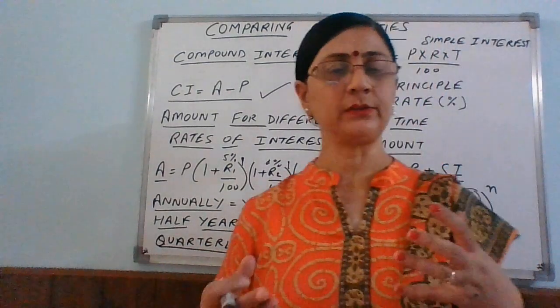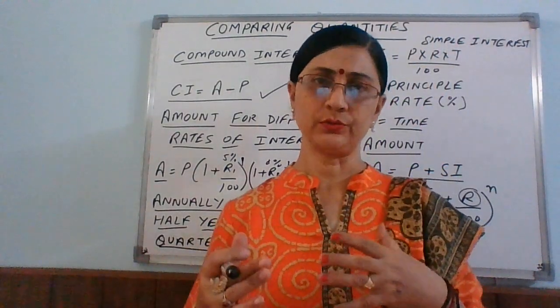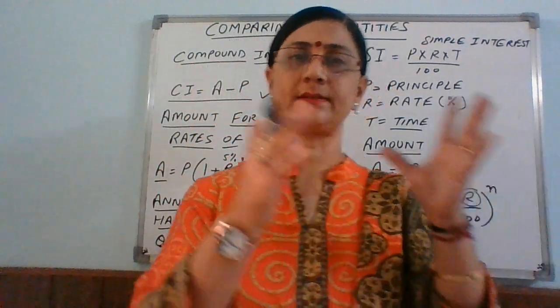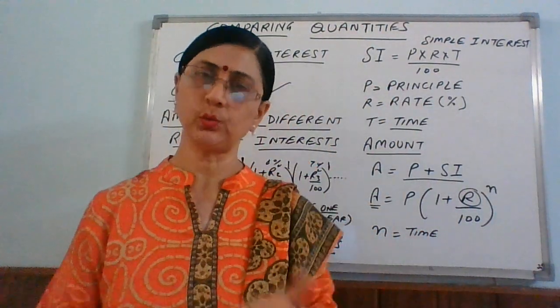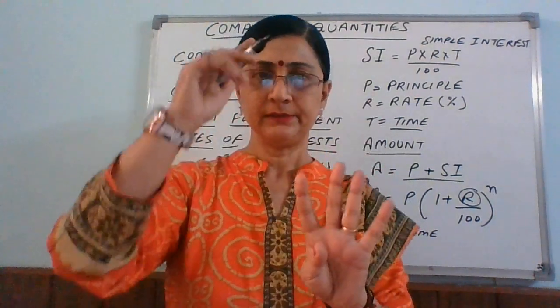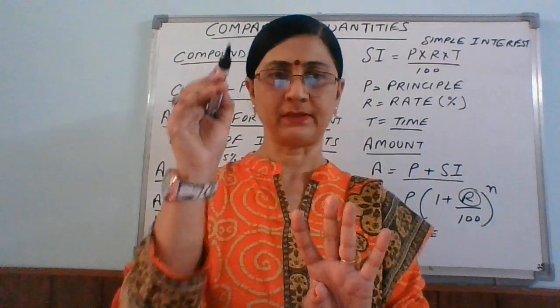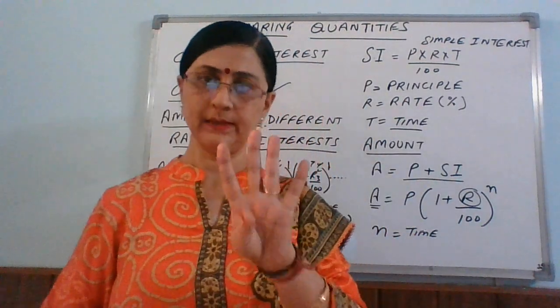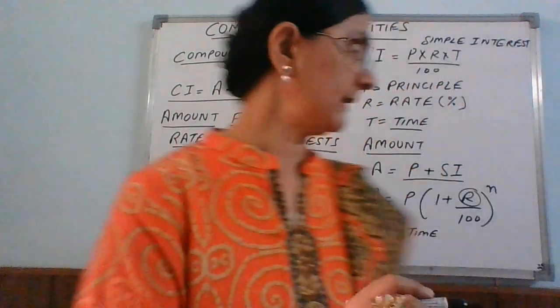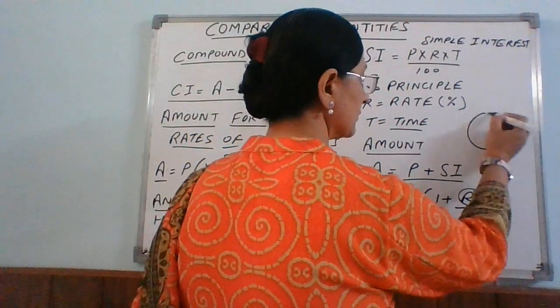The word quarterly is also used frequently. Find out the amount, this is the rate, and calculated quarterly. Quarterly means there are 4 quarters in a year: 3 months, 3 months, 3 months, 3 months, 3 fours are 12. There are 4 quarters, 4 parts, right? So quarterly means 3 months. Like suppose this is a whole year, 12 months.